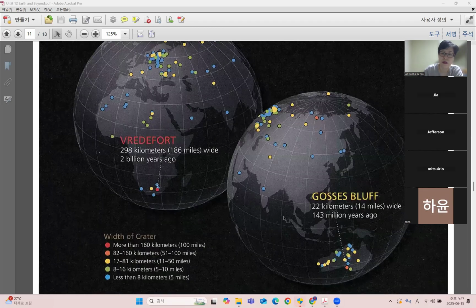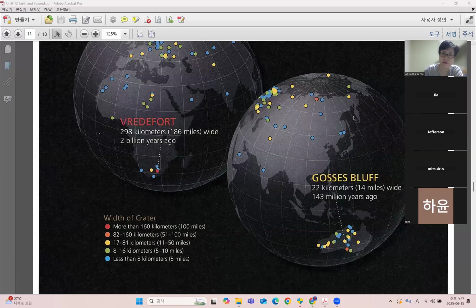And next one, let's see the image here. So what is the graphic source? What is another name of the asteroid or meteorite? Vredefort. So how many years ago? 2 billion years ago. 298 kilometers, so big.